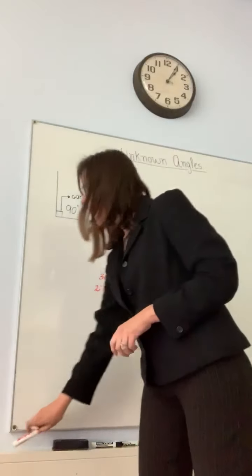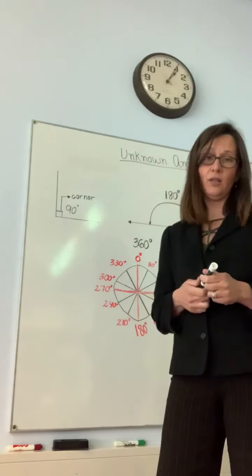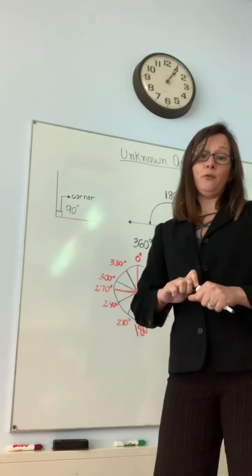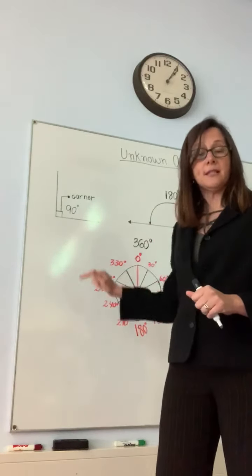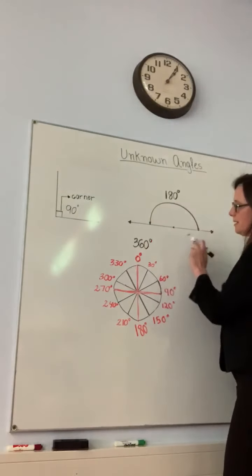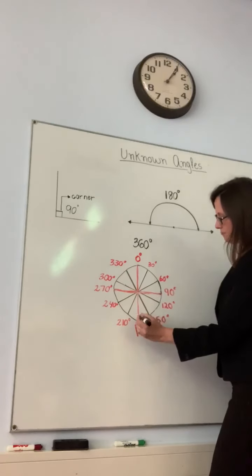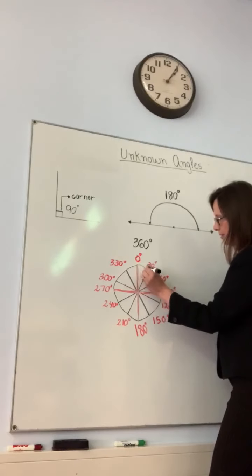Now, how many 180 degrees make a full angle, make a full circle, a 360 degree circle? We looked and we saw the half point here from this to this was 180. So let's count. 1, and then we're going to circle around.